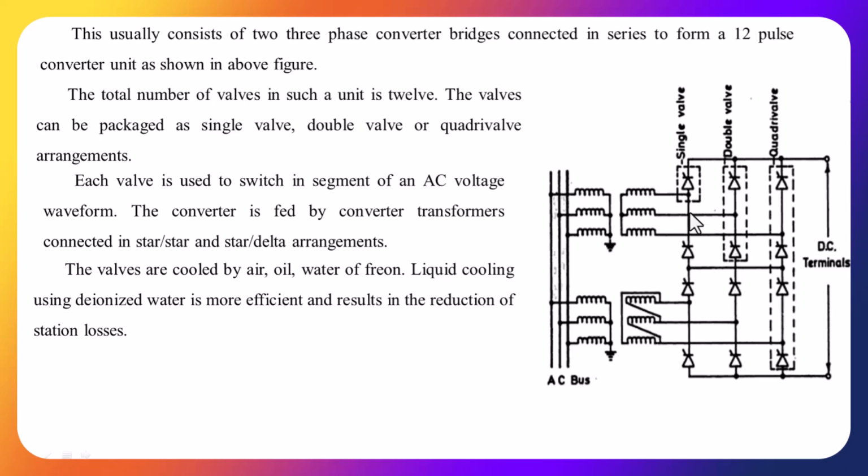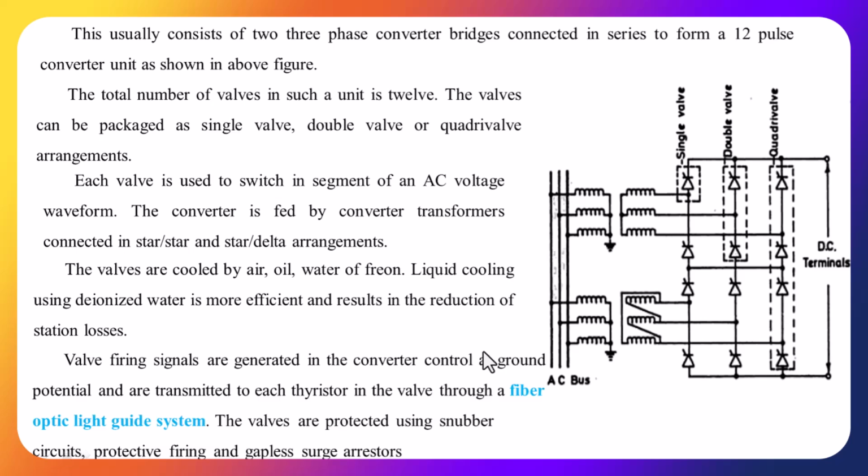Next, if we want to turn on the SCR, we have to give the triggering pulse. Those triggering pulses are generated somewhere at ground potential and transmitted to the SCR through a fiber optic light guided system. At the SCR, we use a driver circuit.